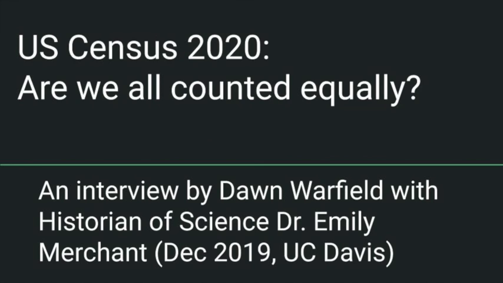Also, if the government starts turning to private companies, like consumer data, to get this information, some people don't have consumer data records because they're not consuming that much. And that could create new and, I think, more serious problems of undercounting than we already have. So I think that this is something to keep a close eye on.